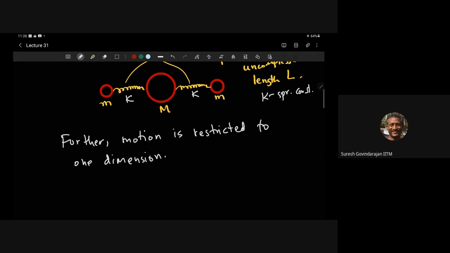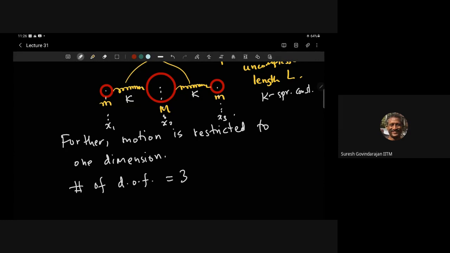So we need to choose coordinates. How many degrees of freedom? First thing is, how many? 3. Right? So let's go ahead and choose coordinates. Let's say that this is x1, this is x2, and this is x3. This is the instantaneous position of these objects.